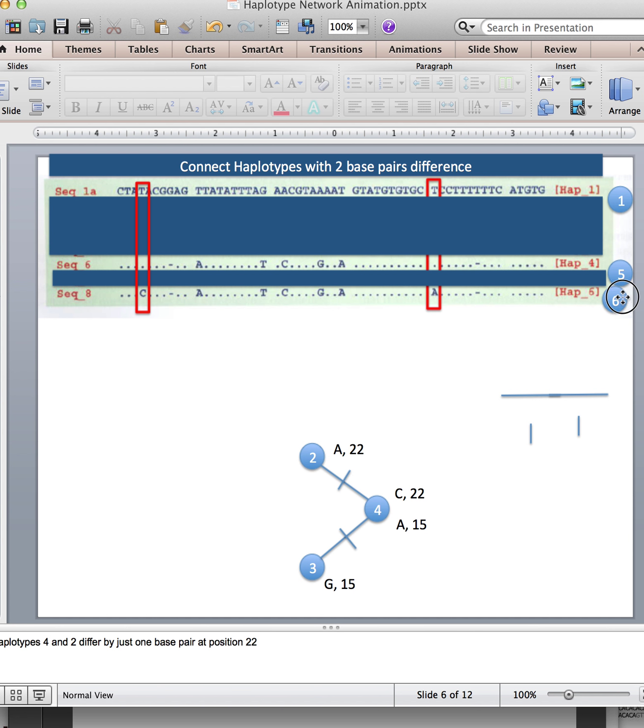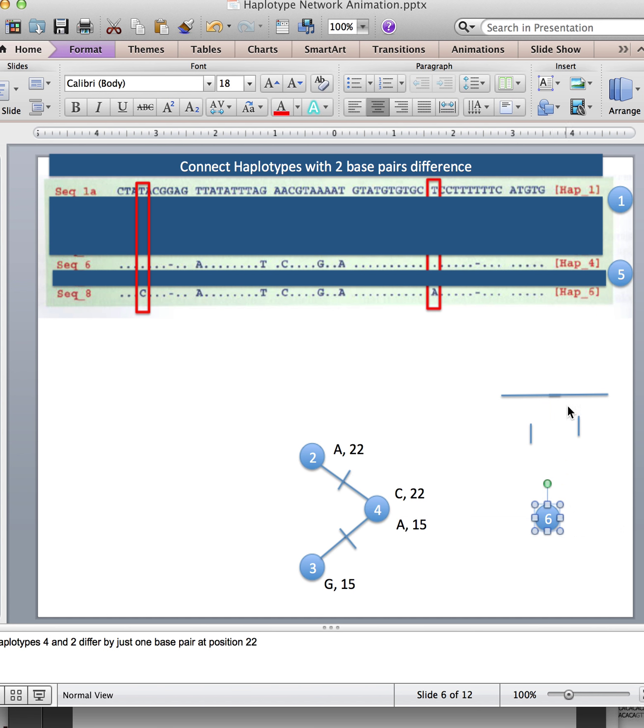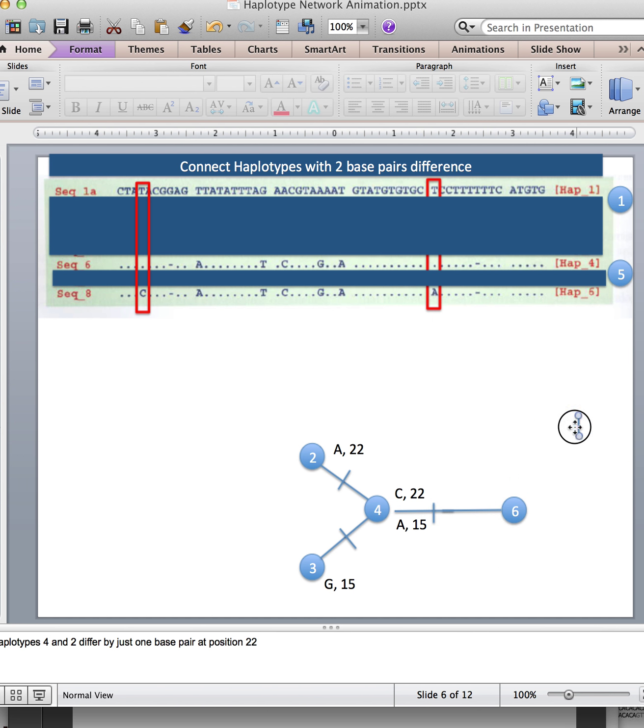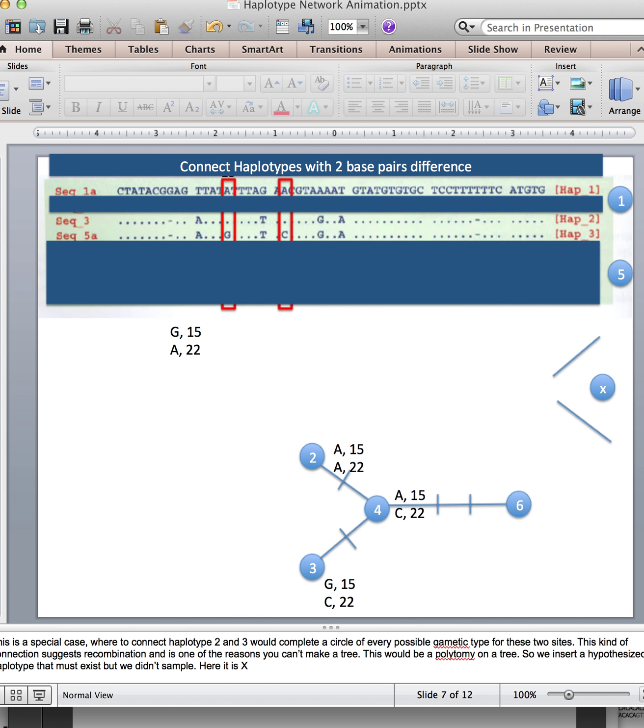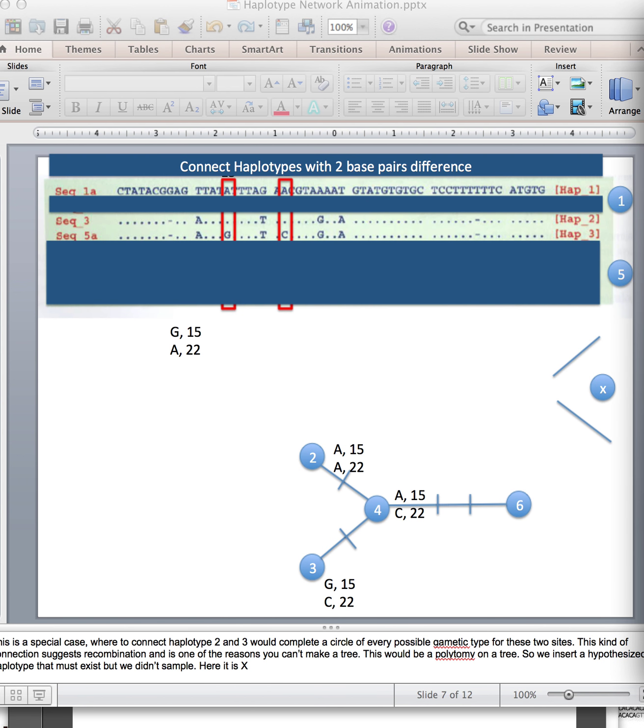Okay, so that means take haplotype 6 and connect it to haplotype 4. And I have a nice long line here that I can use to connect these guys. And I want to mark down that we have 2 base pair differences, so I put 2 hash marks to remind myself. Okay, so now is where it actually gets tricky. So give me a second here.